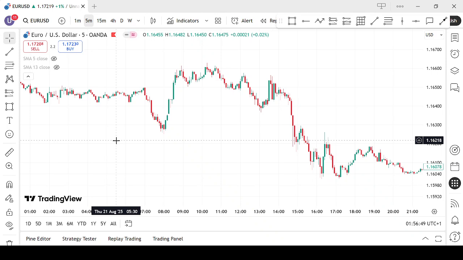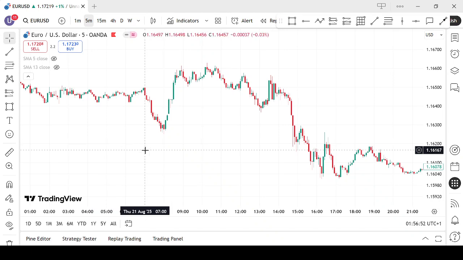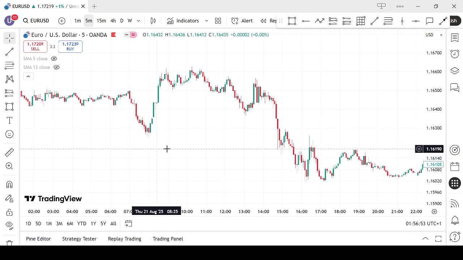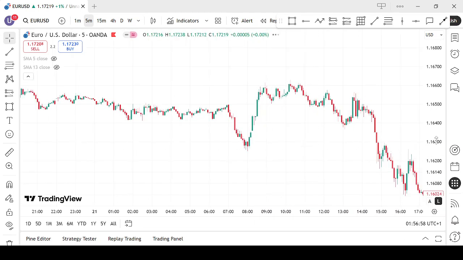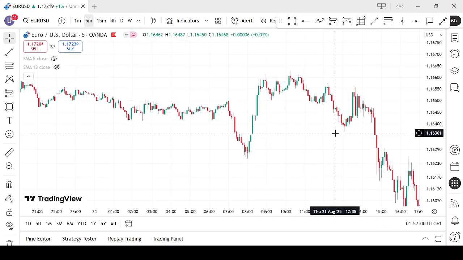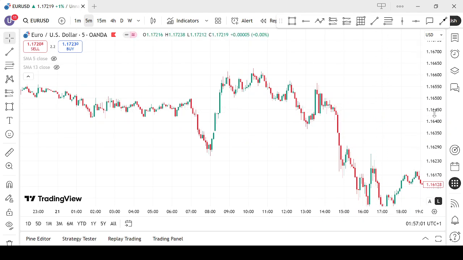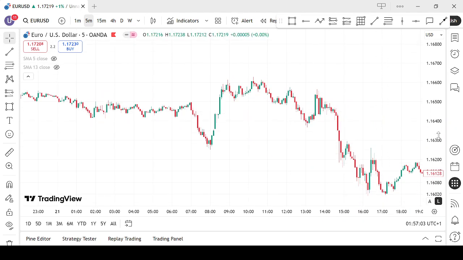Now let's see the three benefits of scalping using the simple moving average. The first benefit is trend identification. You can use the simple moving average to help identify the direction of the market trend, which is crucial for making informed trading decisions. The second benefit is dynamic support and resistance.